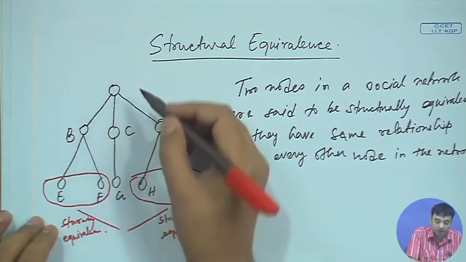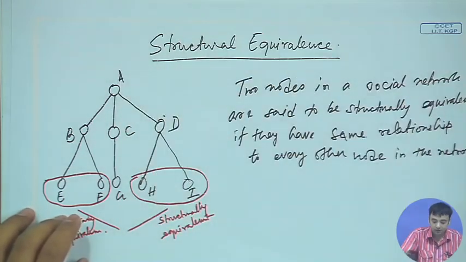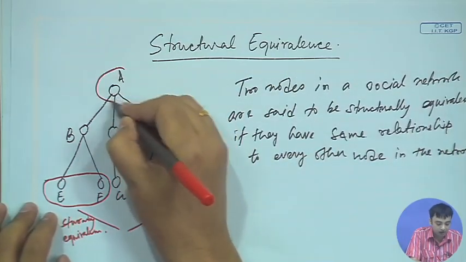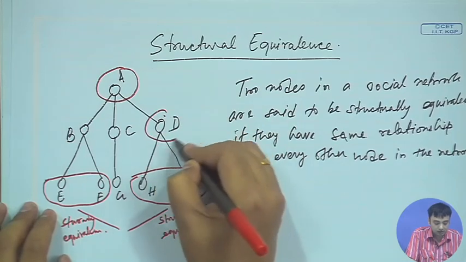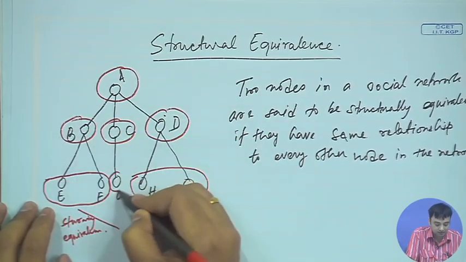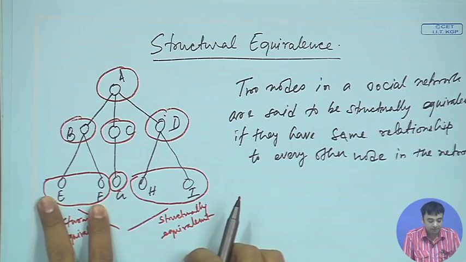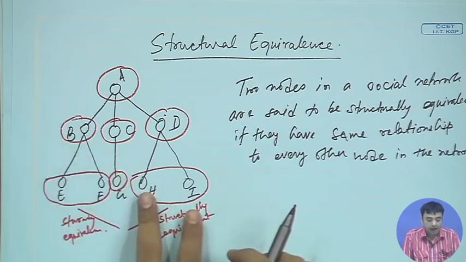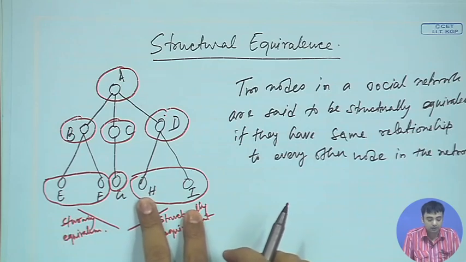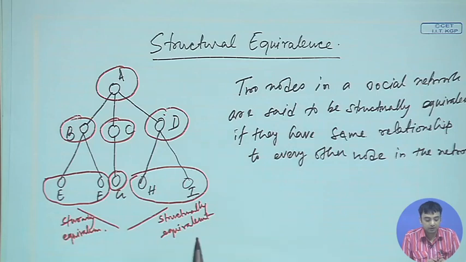So, H and I is a structurally equivalent set, E and F is a structurally equivalent set, and all other nodes, this particular node is A, are structurally equivalent classes of themselves. Only the pair E and F are perfectly substitutable, because they exactly share the same set of neighbors, and H and I are also perfectly substitutable because they exactly share the same set of neighbors, which is D here.